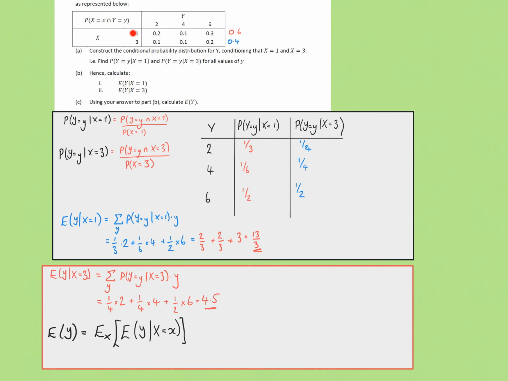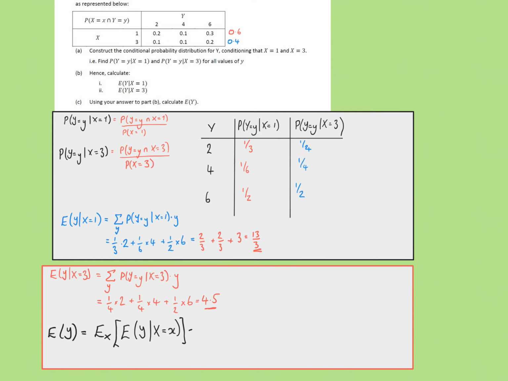So when x is equal to 1, we know that the expected value of y conditional on x being 1 is 13 over 3. We would weight that by the probability that x is equal to 1. Similarly, when x is equal to 3, we know that the expected value of y given that x is equal to 3 is 4.5. We would weight that by 0.4.